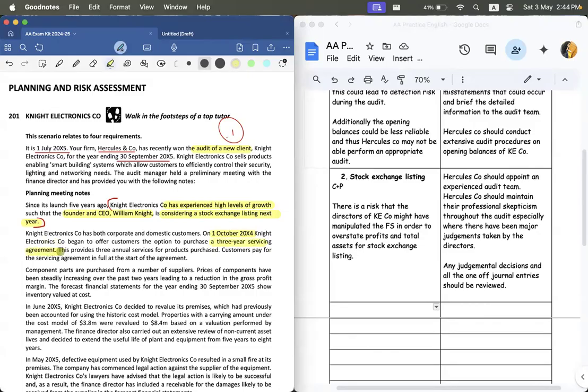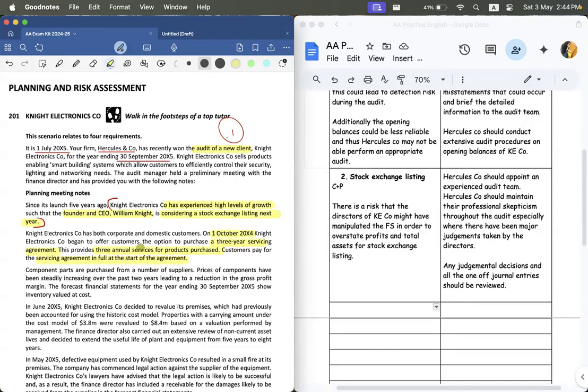This provides 3 annual services for products purchased. Customers pay for the servicing agreement in full at the start of the agreement. So this is about IFRS 15 that we are talking about. Clear?